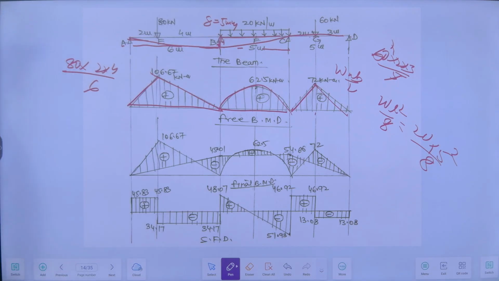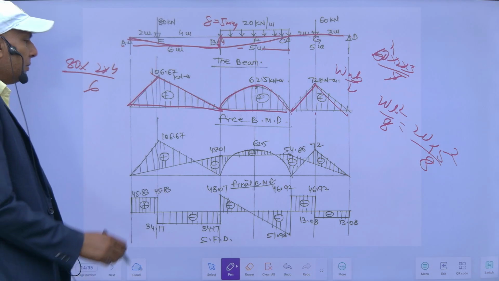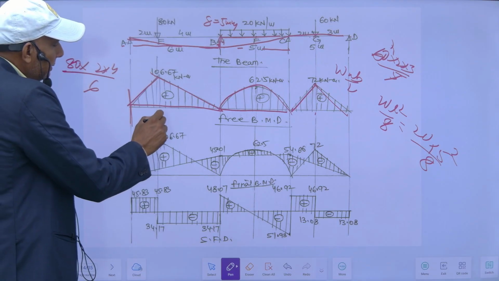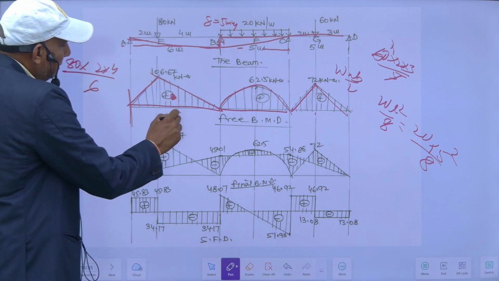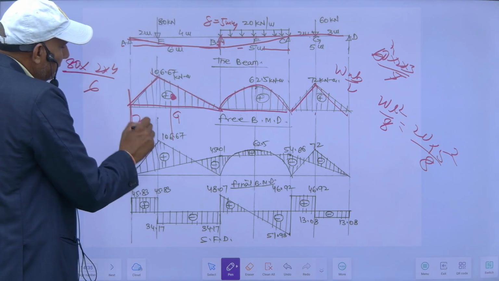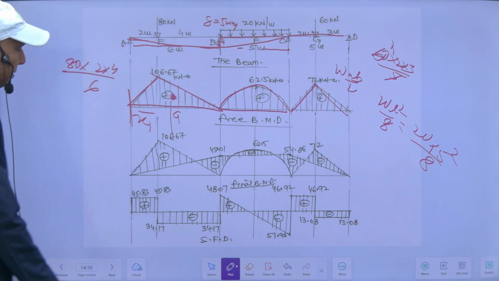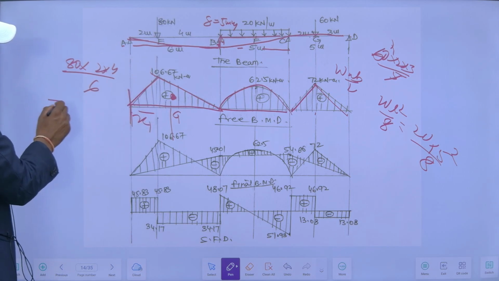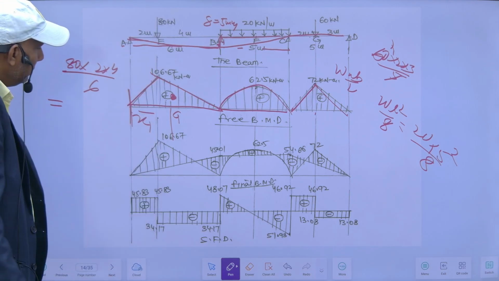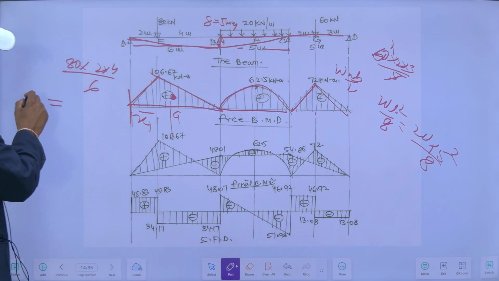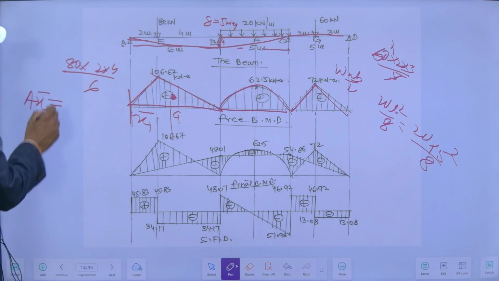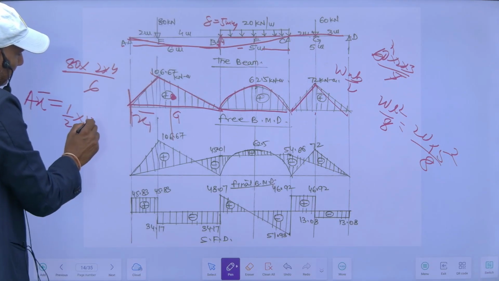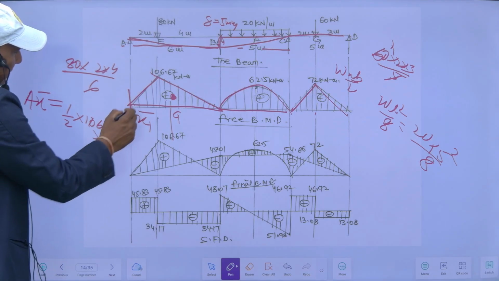Now its centroidal distance from here, suppose this is the centroid and this is x1 bar. So this is the area, this is the ordinate. A x bar will be: area is 1 by 2 into this ordinate into this length, which is 6 meter.